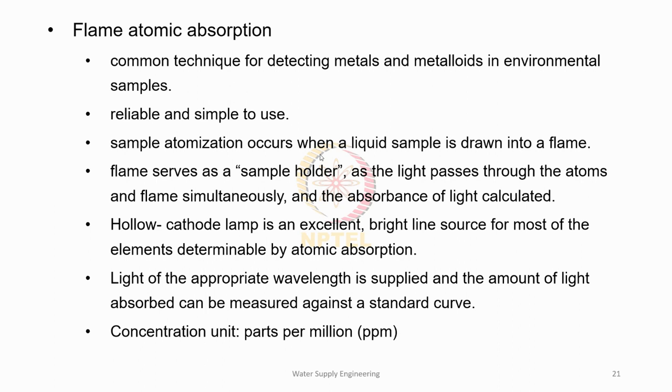So this particular method will give the metal concentration in parts per million. This one is the most commonly adopted method, wherein we are utilizing an atomization method. The liquid sample is basically atomized using a flame, and then the amount of light absorbed is calculated.